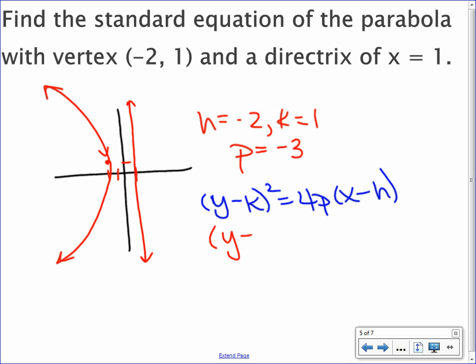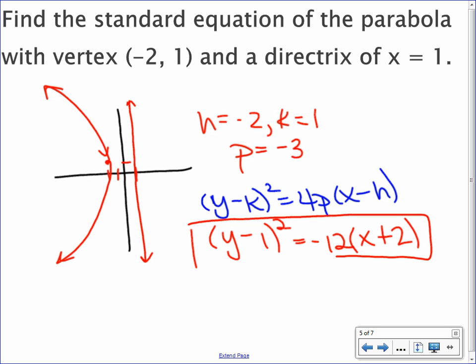So we have (y minus 1) squared equals 4p, which would give us negative 12. X minus negative 2 gives us x plus 2. All I really care about is the standard form.